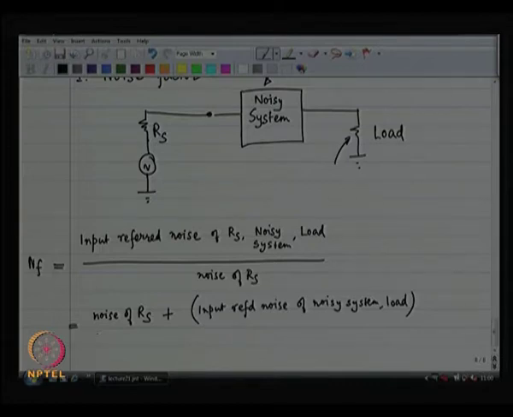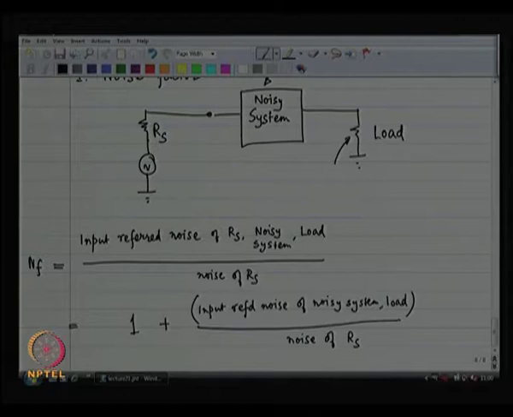If I divide it by noise of RS, then what I am going to get is 1 plus this quantity.